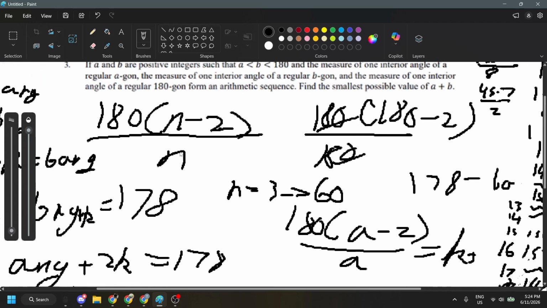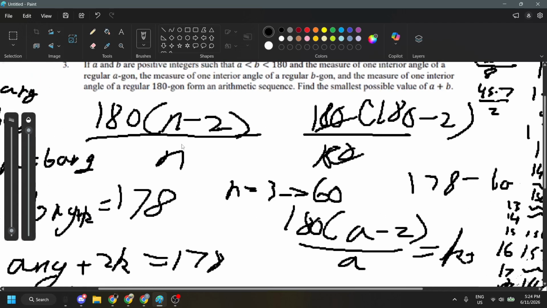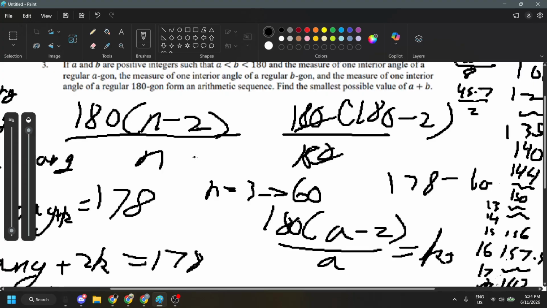24, 180 over 24 is the same thing as 30 over 4. No, wait, 180 is 30 times 6. 240 is 4 times 6.